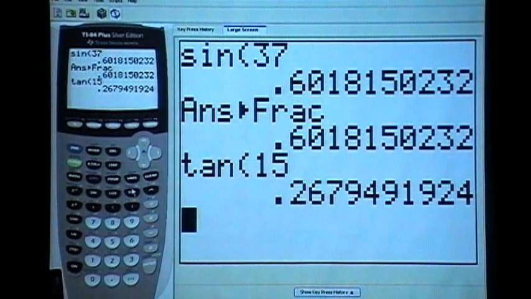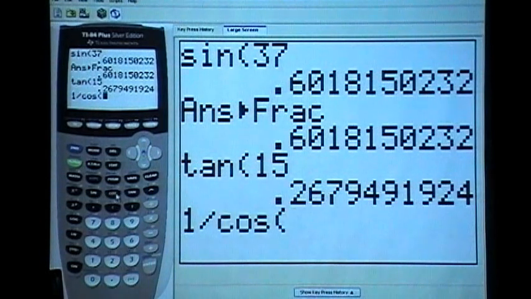So just remember what reciprocal means. Think of the reciprocal of 2. The reciprocal of 2 is 2 over 1, which is 1/2. The reciprocal of 5 over 1 is going to be 1/5. So if secant is the reciprocal of cosine, the reciprocal is going to be 1 over cosine of whatever the angle is.